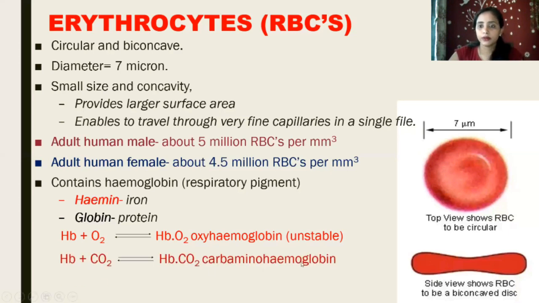Now, carbaminohaemoglobin is the complex of hemoglobin and carbon dioxide. Remember, carbaminohaemoglobin: hemoglobin and carbon dioxide. Oxyhemoglobin: hemoglobin and oxygen.